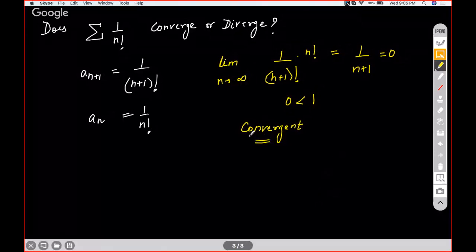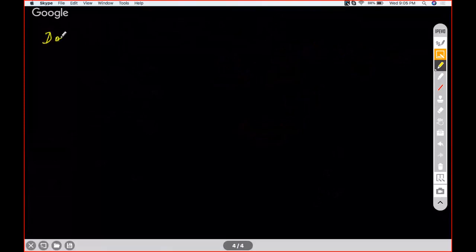Let's try another one. Does summation n to the power n by n factorial converge or diverge? Try this out.